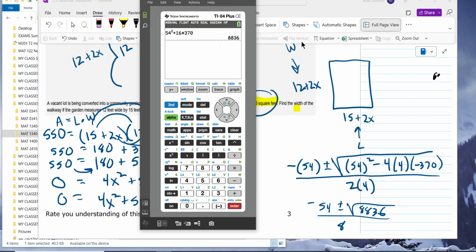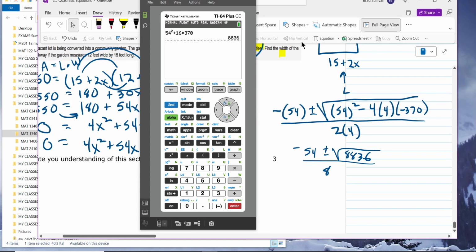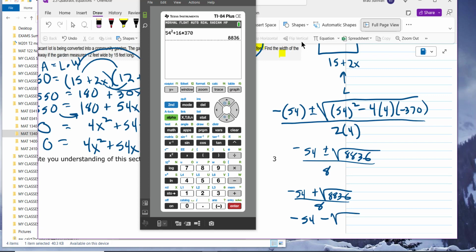Okay, and then this would be what you would do to finish this up. You're just going to go straight to your calculator and do this. So you would do negative 54 plus square root of 8,836 over 8. Then you would do negative 54 minus square root of 8,836 over 8. And you may get two answers, you may get one answer.